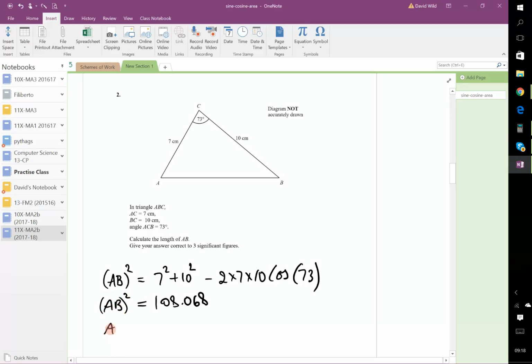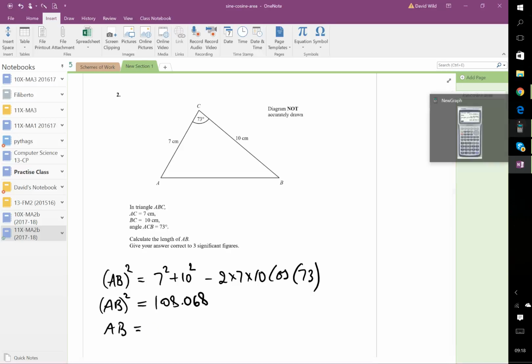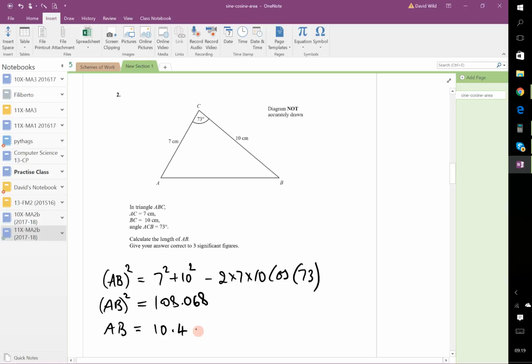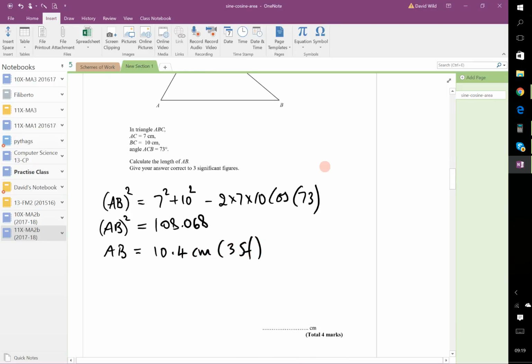Square root both sides to get AB equals, I need the square root of that now, so I'm going to do the square root of my previous answer, which is 10.4 to three significant figures, 10.4 centimeters, 3SF, 10.4.